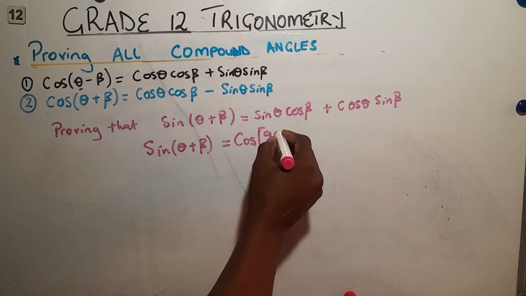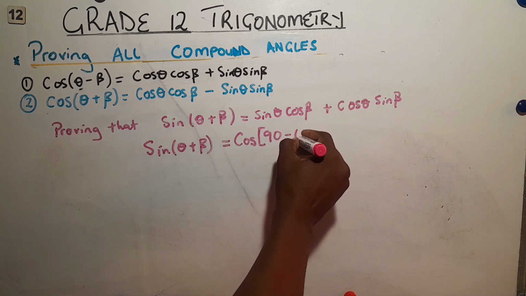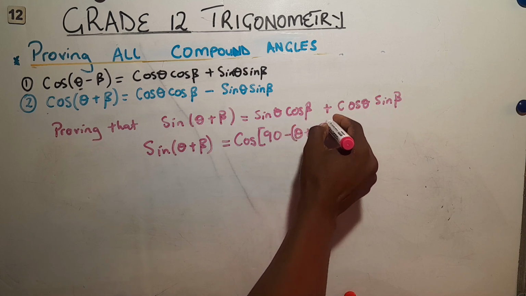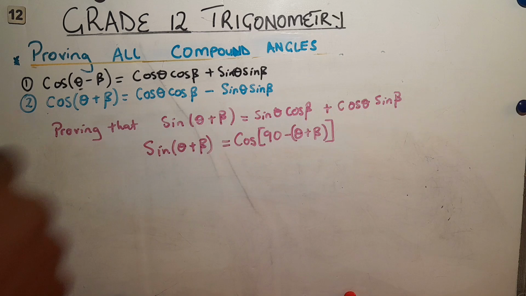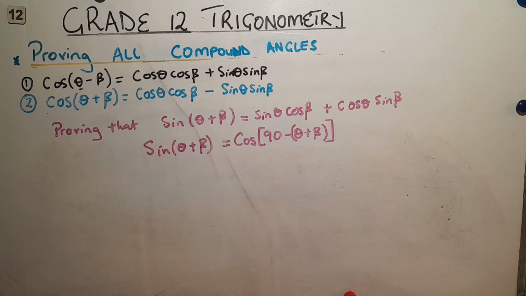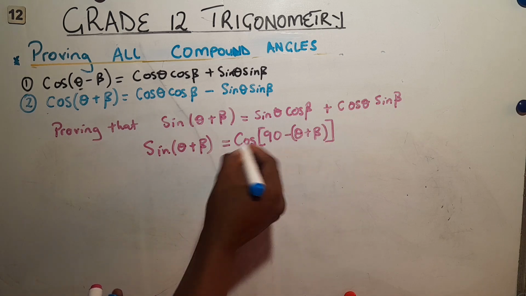So this can be cos of (90 minus (theta plus beta)), like that. So it is a compound angle. We can do it like that, right? It is a co-ratio, so we can reintroduce it like that. So now how can we proceed? Now we can proceed by multiplying this negative inside, right?